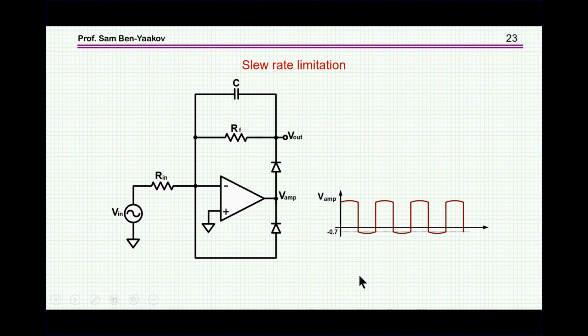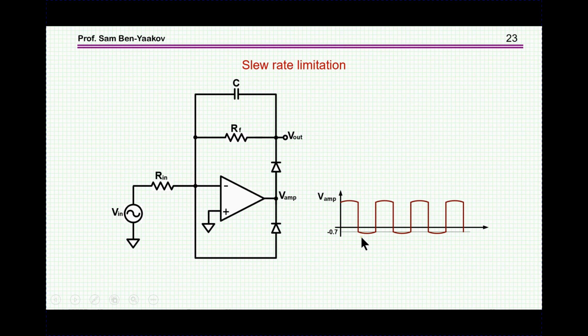Now, what about frequency response? In most cases, the limitation is not the small signal, but rather the large signal response. For example, if we look at the case of a filtered output here, we see that we have swings of the output of the amplifier between the diode voltage and minus the diode voltage relative to the output.